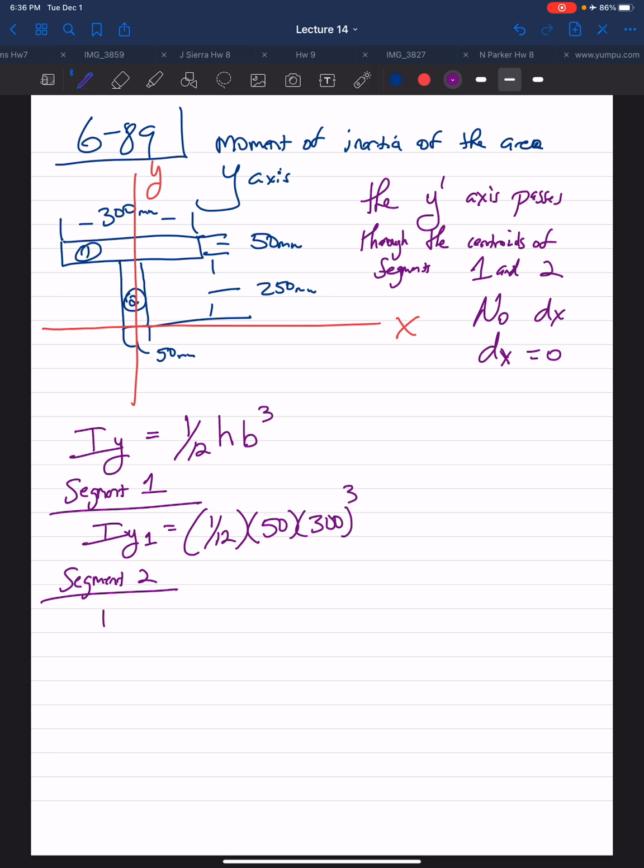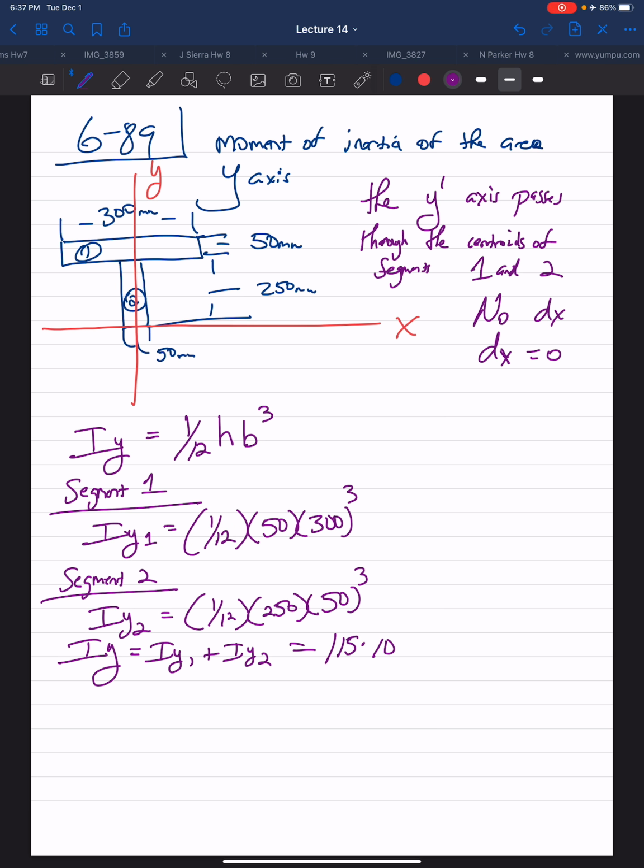For segment 2, 1/12 the height, which is 250, times the base, which is 50 millimeters cubed. So I sub y total is I sub y1 plus I sub y2. This gives you 115 times 10 to the 6 millimeters to the 4.